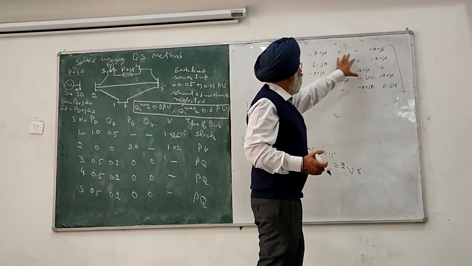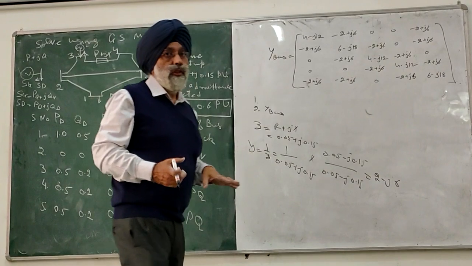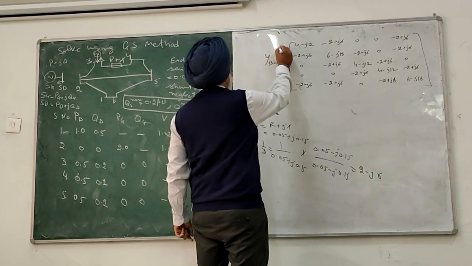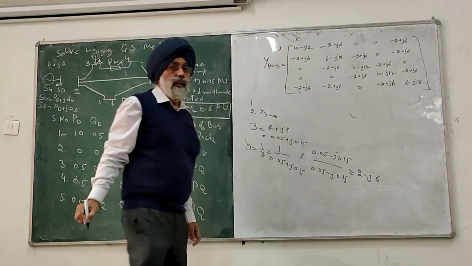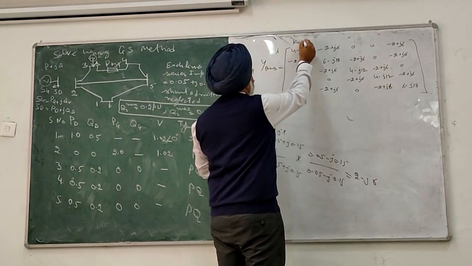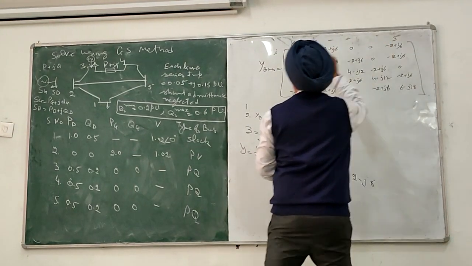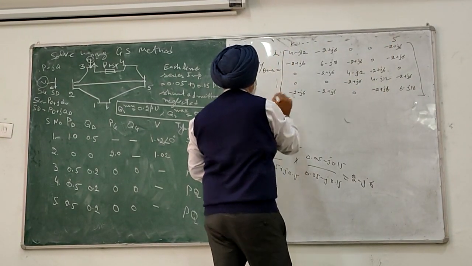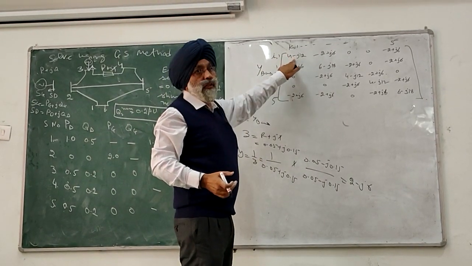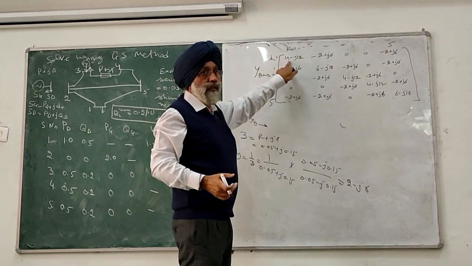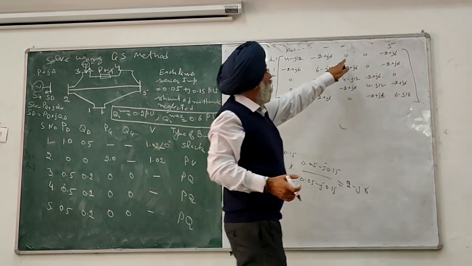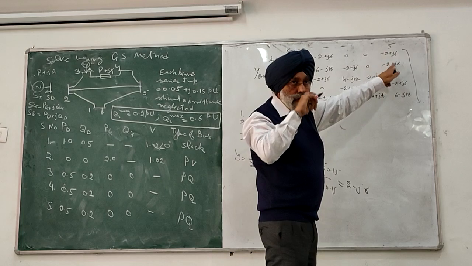Similarly, we can formulate all the other elements also. So this is our Y-bus matrix, with I on this side and K on this side. K starts from 1 and reaches 5, and I starts from 1 and reaches 5. For the first element, I is equal to 1 and K is equal to 1, so Yik is Y11, then Y12, Y13, Y14, Y15.